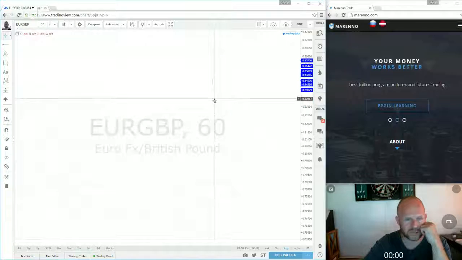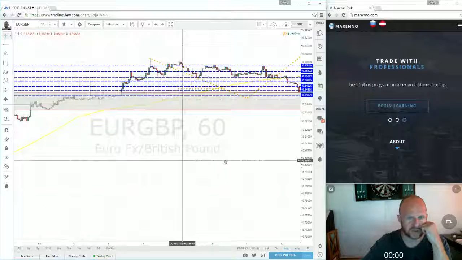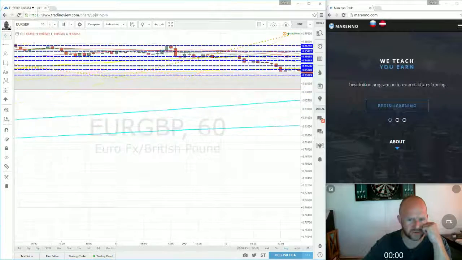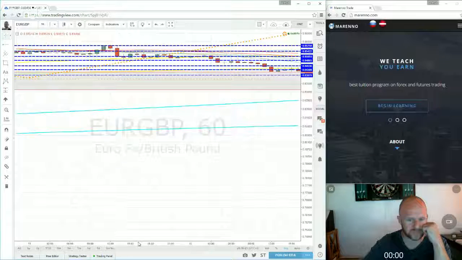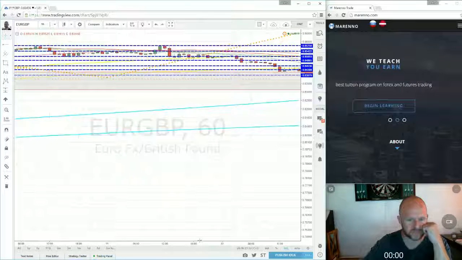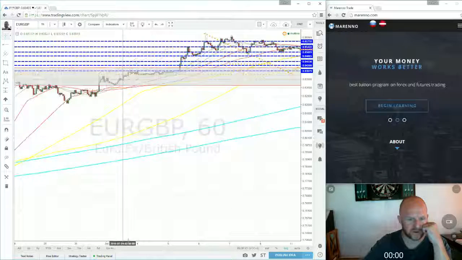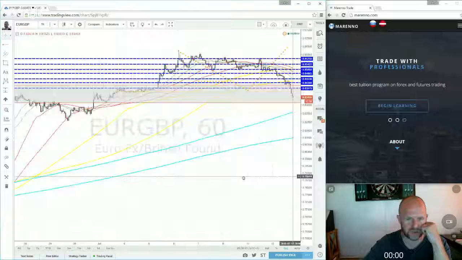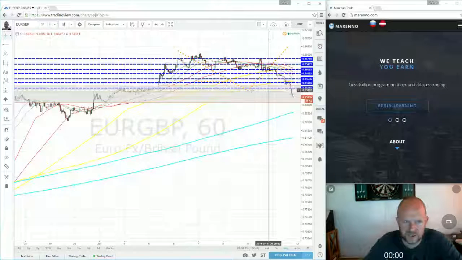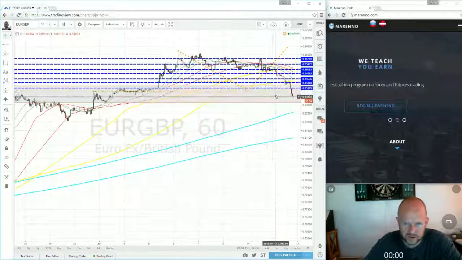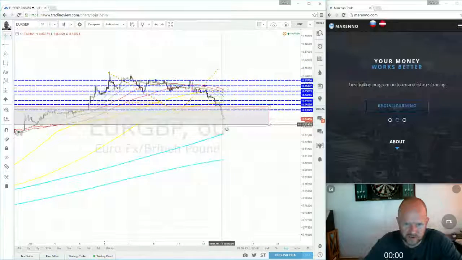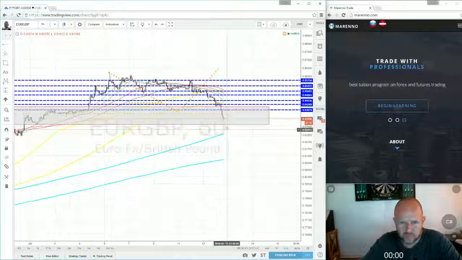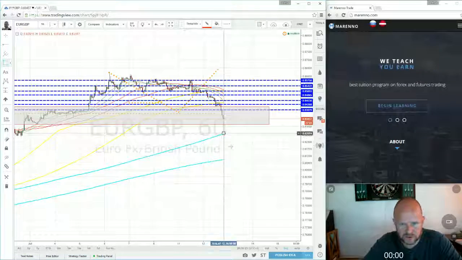Okay, so what we have here is actually what we are expecting: a continuation of euro northbound and pound south. So a possible reversal area, as you can see, I've already drawn a gray rectangle here. We do have another one here.